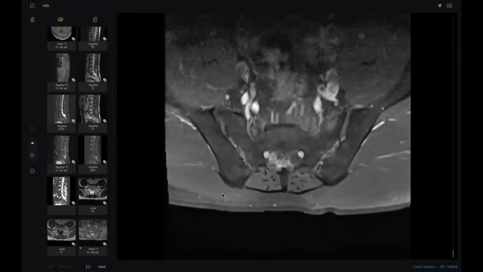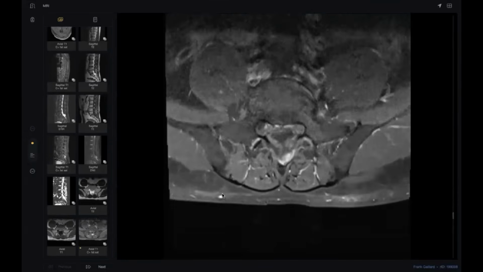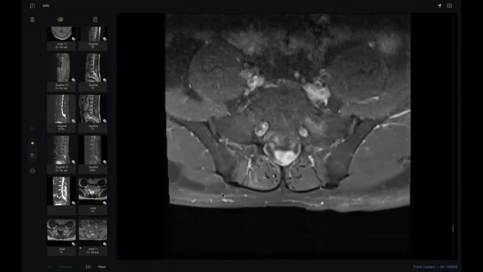Is this suspicious or a sure sign? Look, what do you think? Yes, sure. So what's your final diagnosis? Okay, ependymoma complicated by drop metastasis.